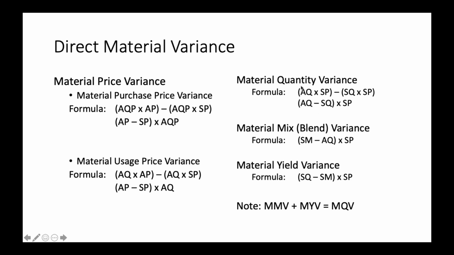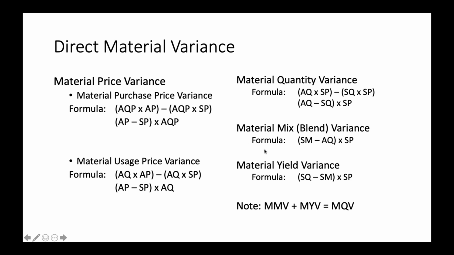Now, the material quantity variance can be further analyzed using material mix variance, or sometimes they call it material blend variance, plus material yield variance. Normally, whenever we produce a product, we do not just use one single raw material.